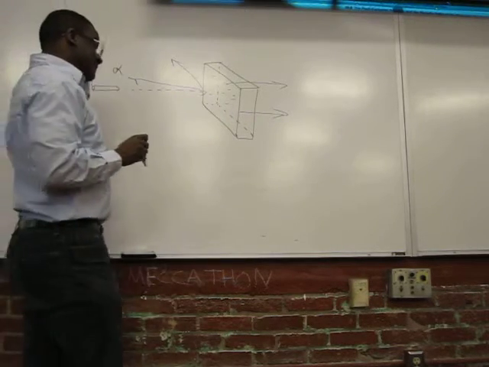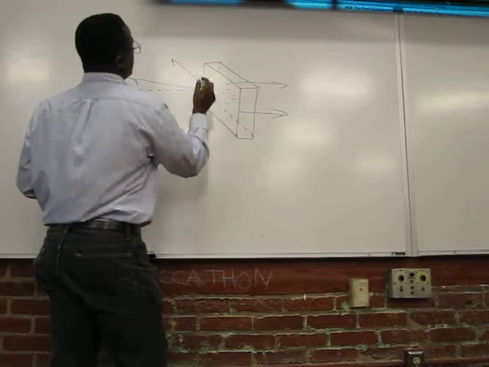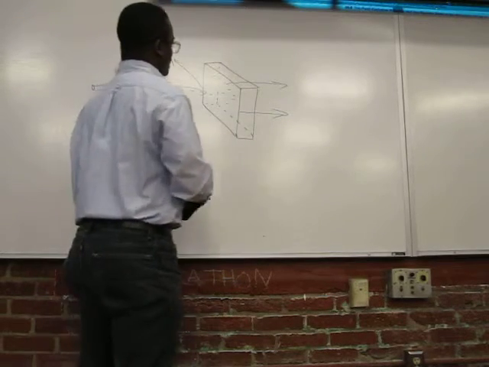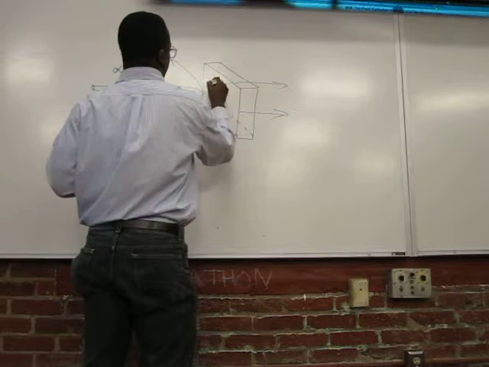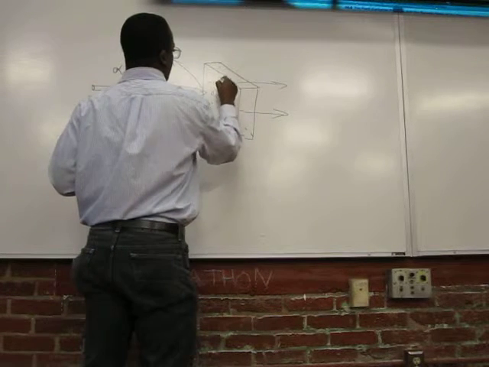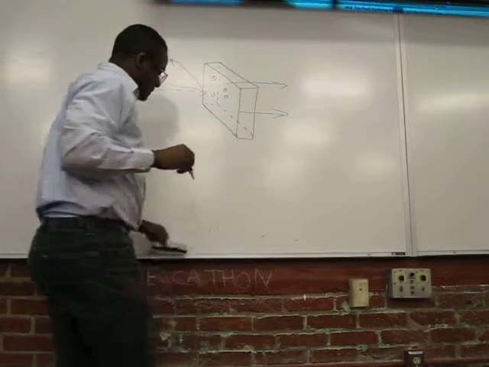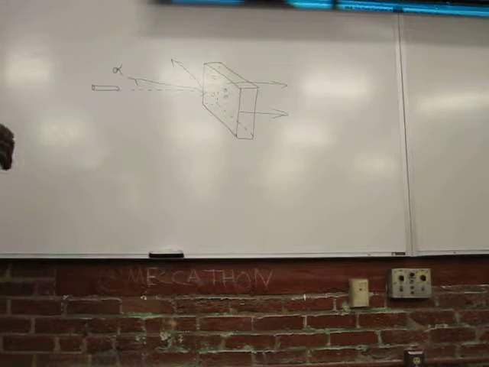So what this gave him the idea was that charge is not uniformly distributed throughout matter. It's actually concentrated at little points. And so this is the beginning of our concept of the atom.